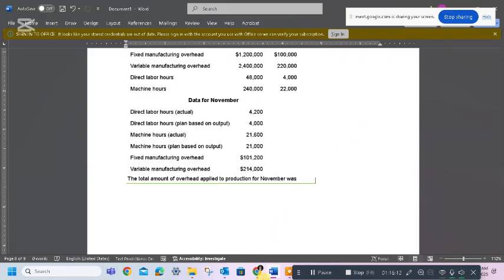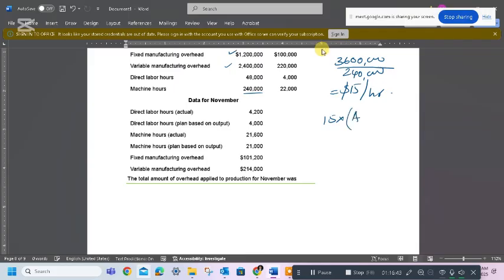Right, look here. So look at the annual data. This plus this, 3.6 million, divided by machine hours 240. You get 15. Then when you are applying overhead, how are you going to apply overheads? This is what we do. 15 per hour.